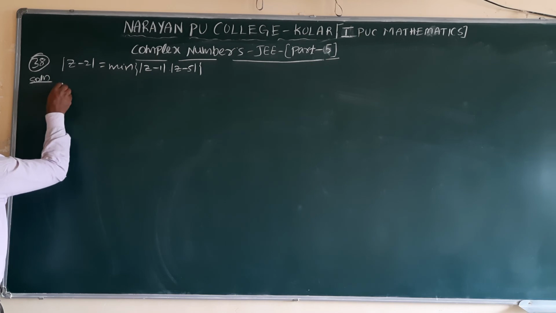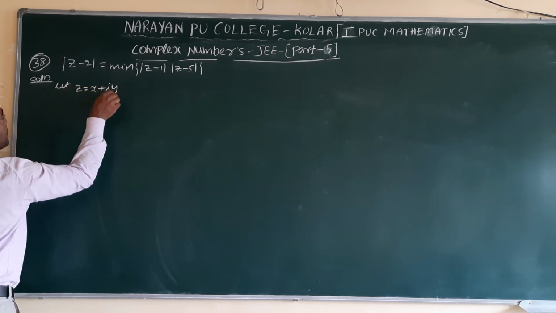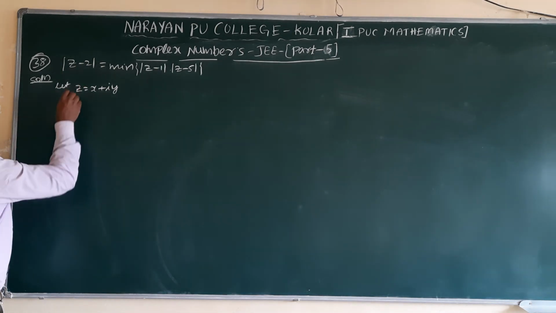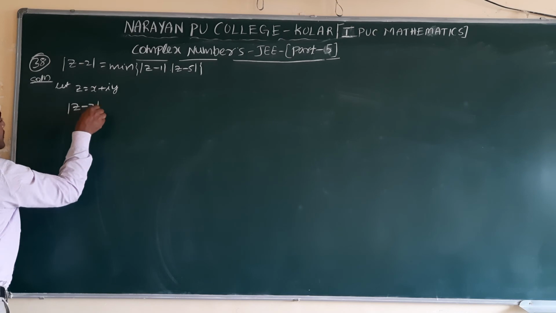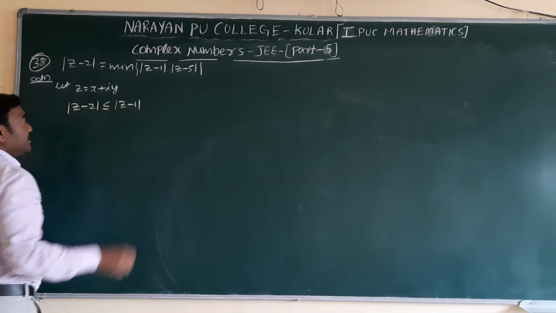Let z is equal to x plus iy. Now, we have taken the condition modulus of z minus 2 is less than or equal to modulus of z minus 1.